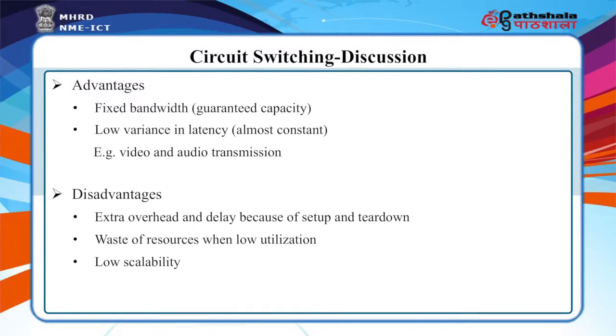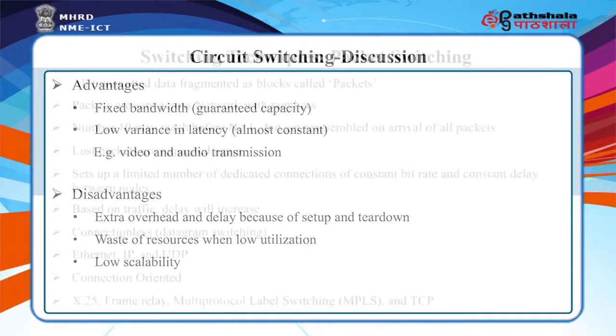Disadvantages: extra overhead and delay because of setup and tear down between two points, which causes waste of resources when there is low utilization on the network, and this also gives low scalability in circuit switching.